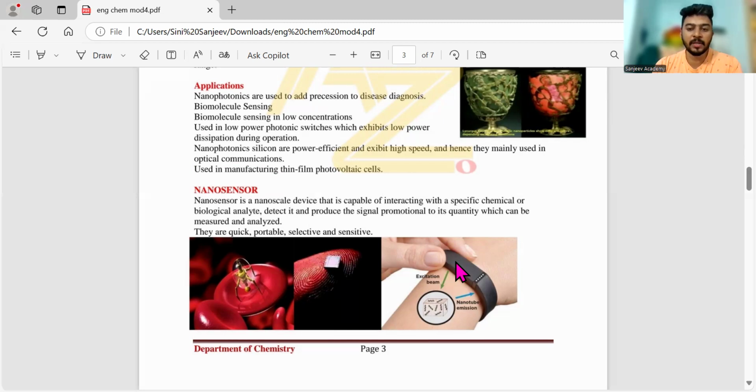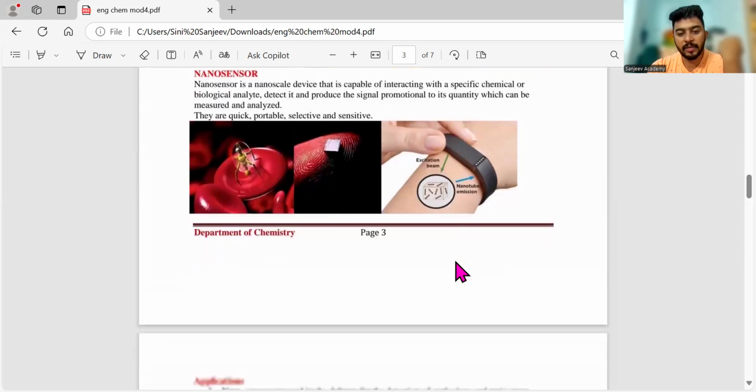For example, take the Apple Watch, or any smartwatch which can measure the pulse. It takes the pulse signals through this nano sensor, and if the pulse stops or there is a huge variation in pulse, it will alert us in the display itself that the heart rate is less. So that is the use of the nano sensor.